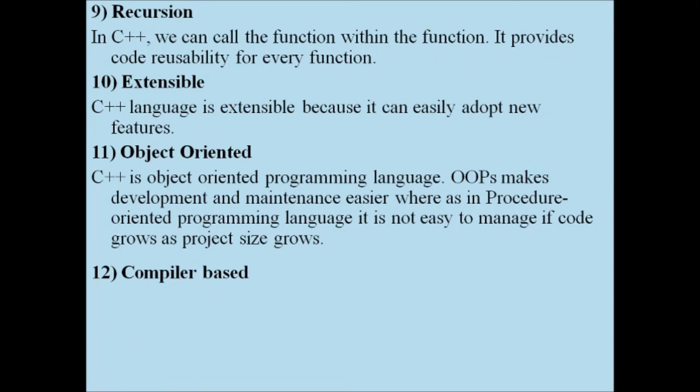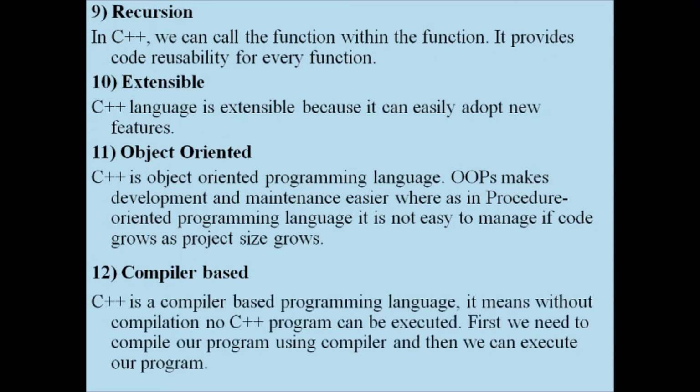And next feature is compiler based. Why is it called compiler based? Once we compile the C++ source code, then only it can be executed. So only the compiled version can be executed. That's why the language has the feature called compiler based. So all these things are called features of C++ language.